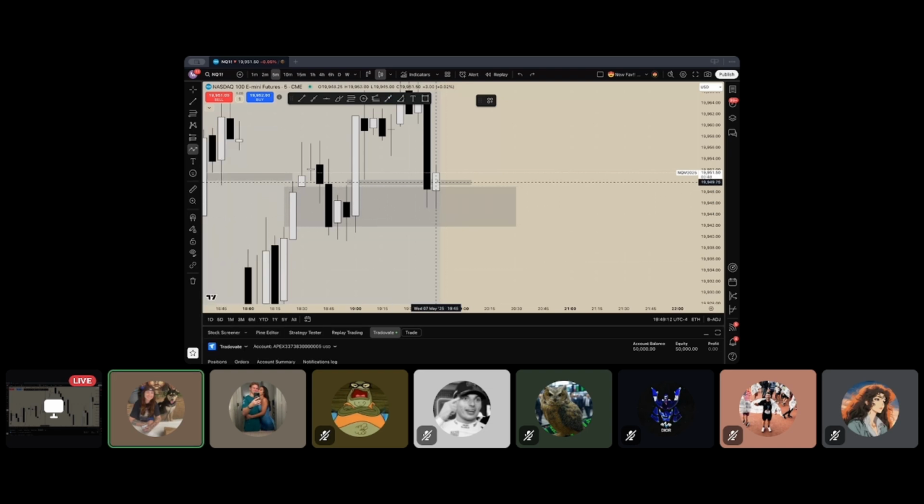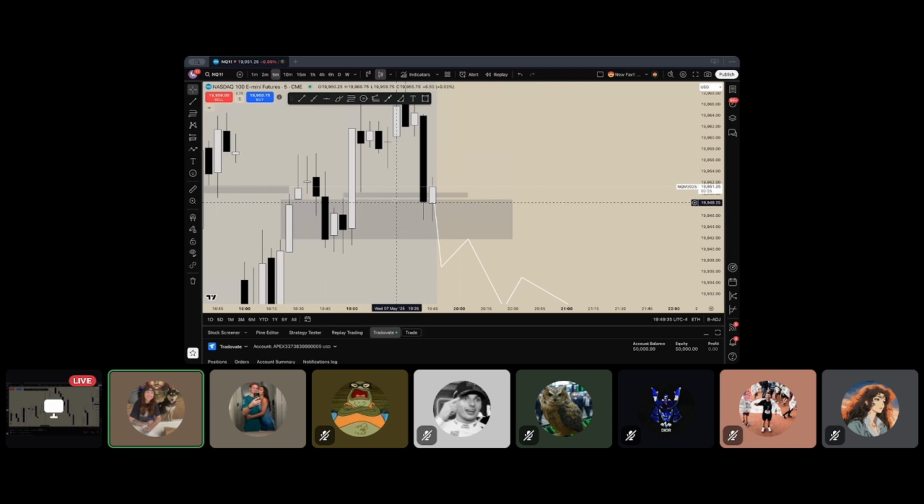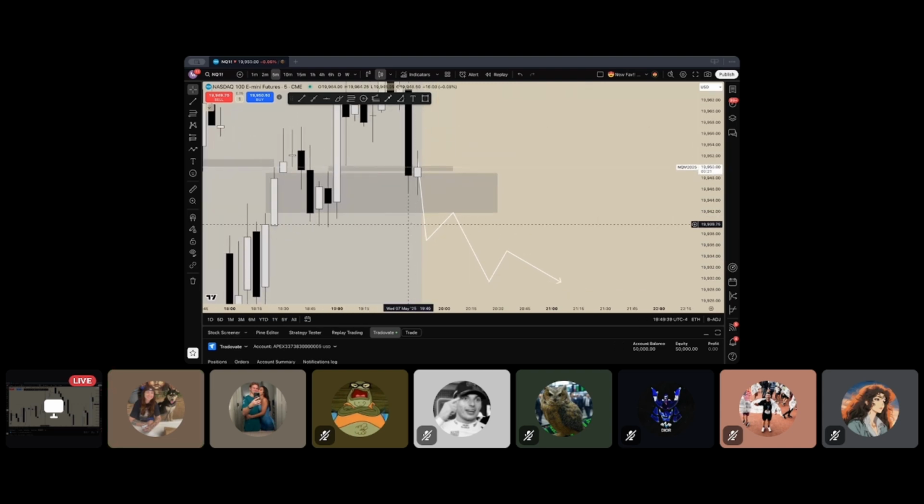Price would need to come down, break out of the fair value gap, and retest that fair value gap and keep going lower. Does that make sense? That would invalidate a fair value gap. It needs to flip and basically turn this from support into resistance.